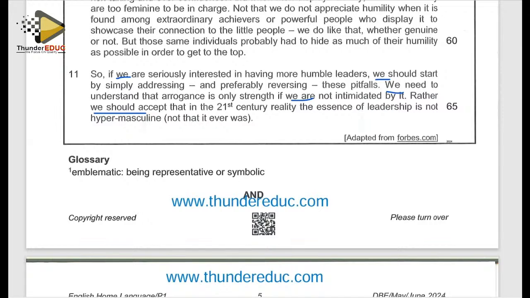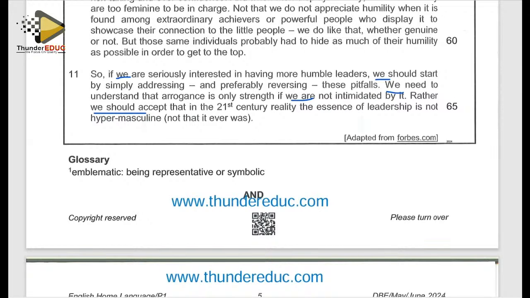Okay, what are we saying? We should accept repetition of the pronoun we. It's definitely emphasizing the issue. But what is it emphasizing? It is emphasizing us taking part, the reader taking part and taking action, in also being part of identifying the difference between humble leaders and arrogant leaders.